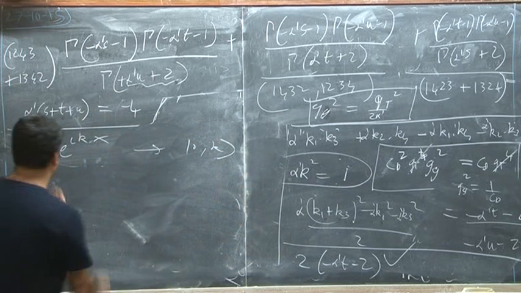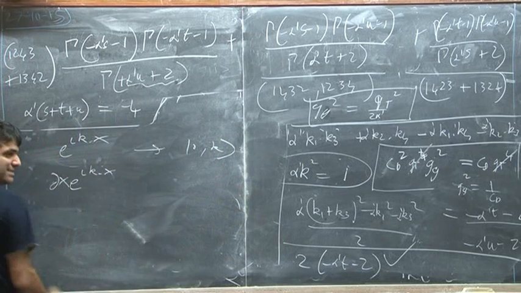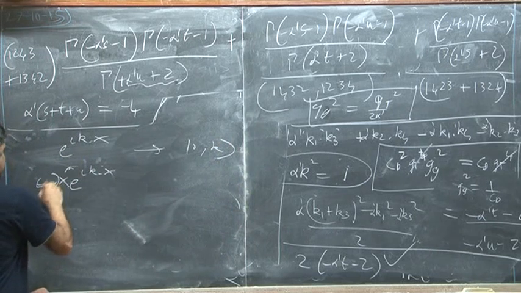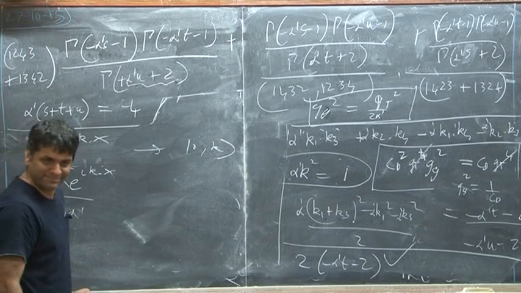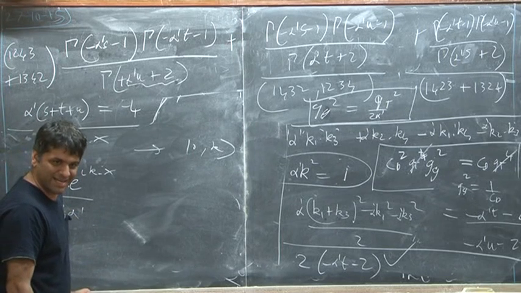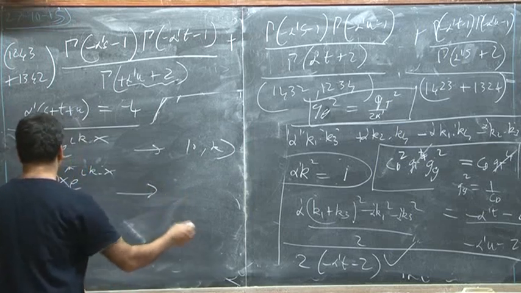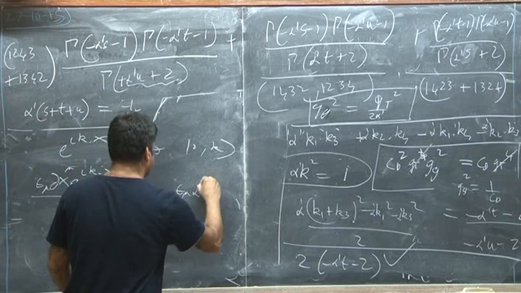Then e to the power i k dot x del mu x divided by root 2 alpha prime corresponds to the state epsilon mu alpha minus 1 mu.